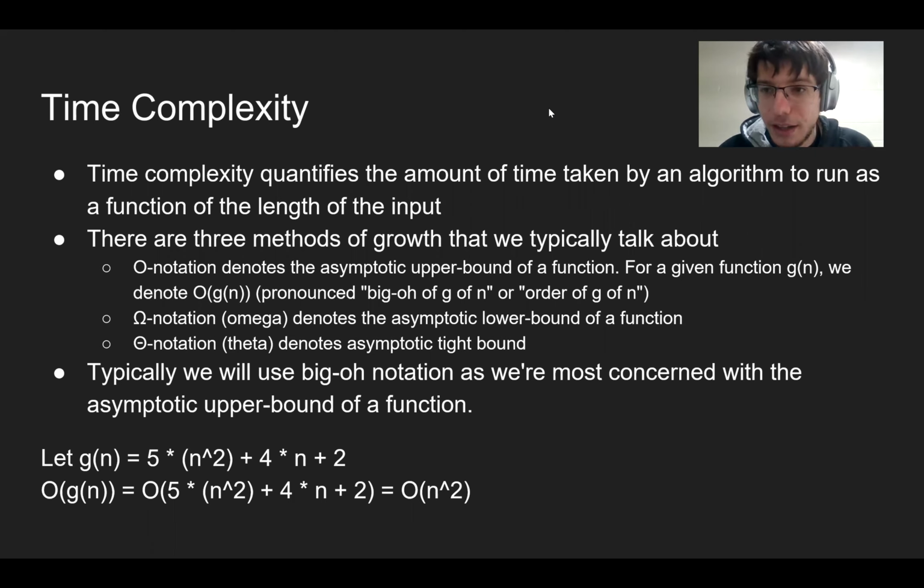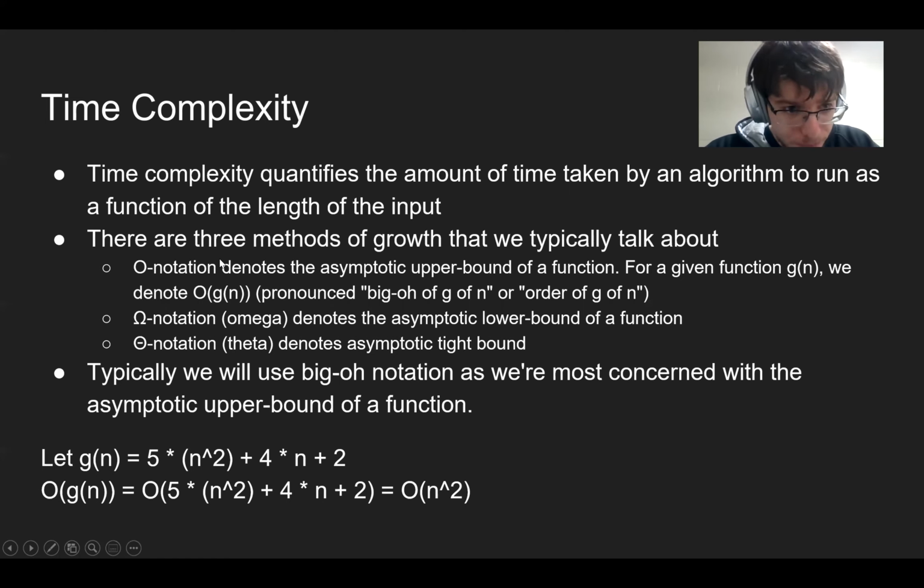It's not exactly the amount of time the algorithm takes, but it identifies what class the algorithm fits into, assuming an arbitrarily large input size n. It identifies how long the function is going to take as a function of how big the input is, because the input may be any size.